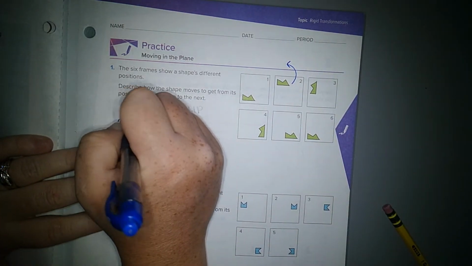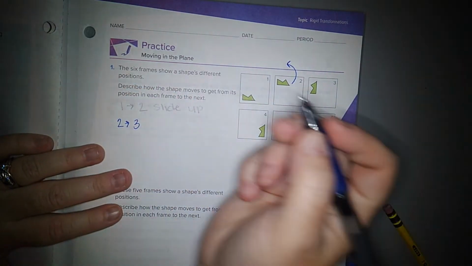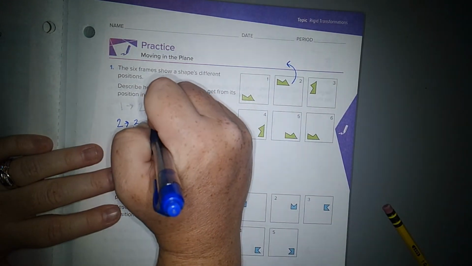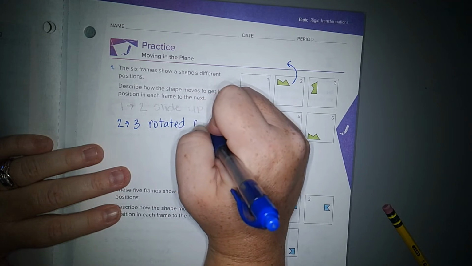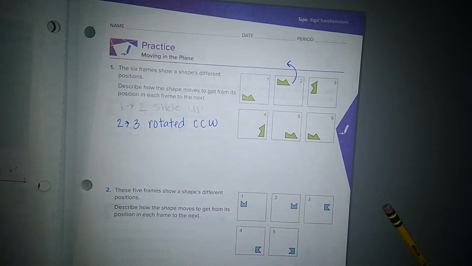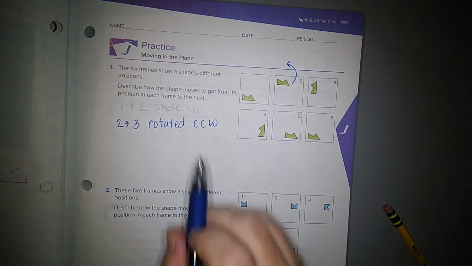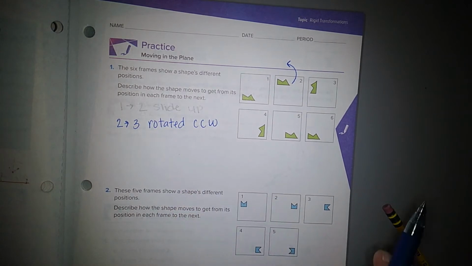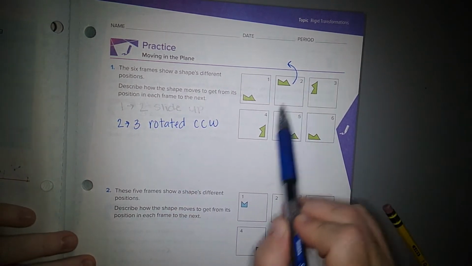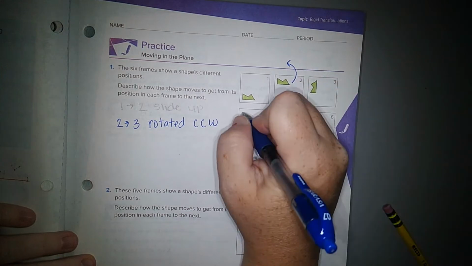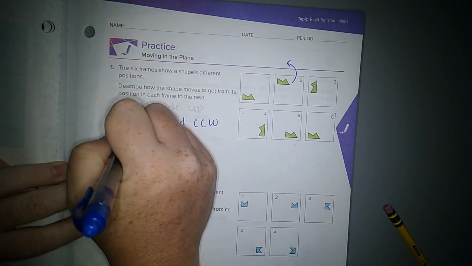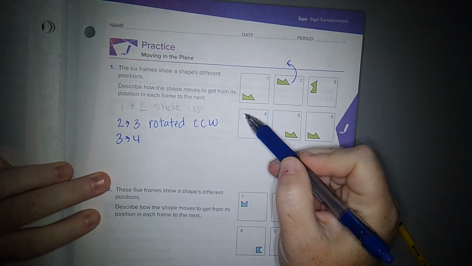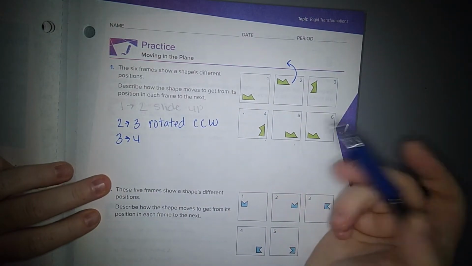So 2 to 3, rotated counterclockwise. CCW means counterclockwise. From 3 to 4. So 3 was right here, and now it's down here. 3 to 4, it translated down and right.